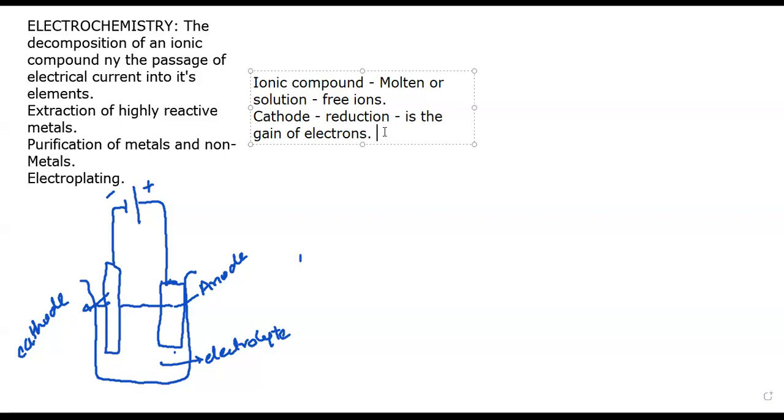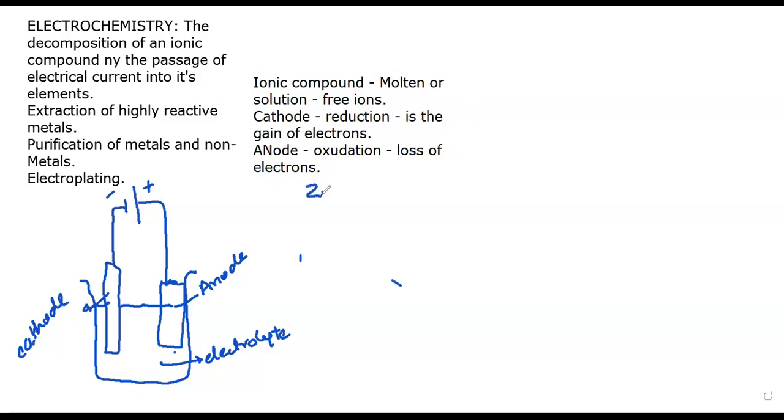Then we have our anode. The anode is where oxidation takes place, and oxidation is the loss of electrons. Whenever we are making half equations, how do we make them? For example, I'm doing electrolysis of zinc chloride.